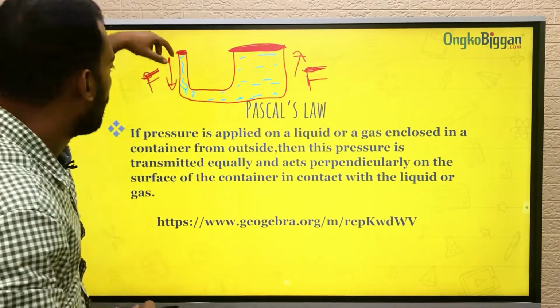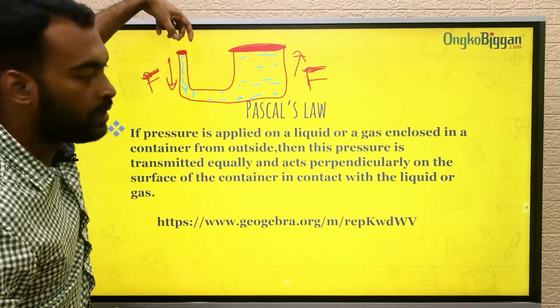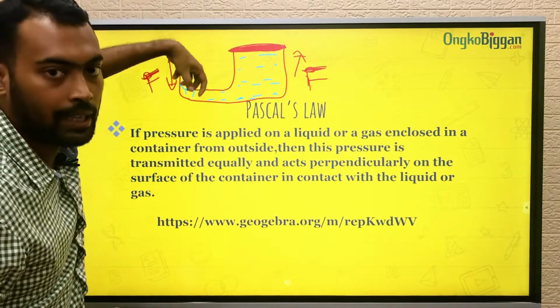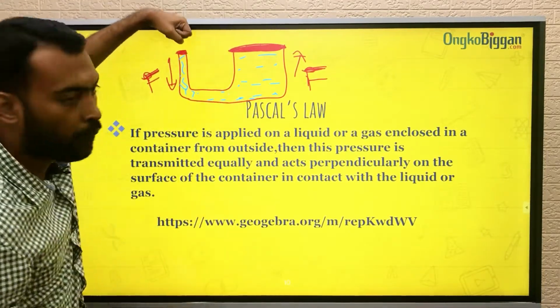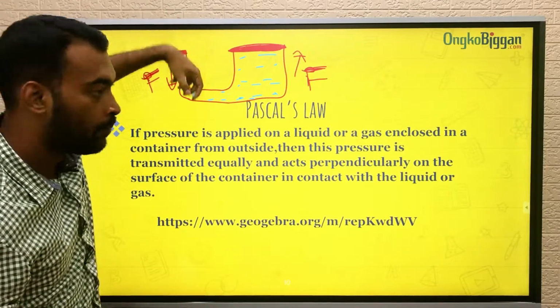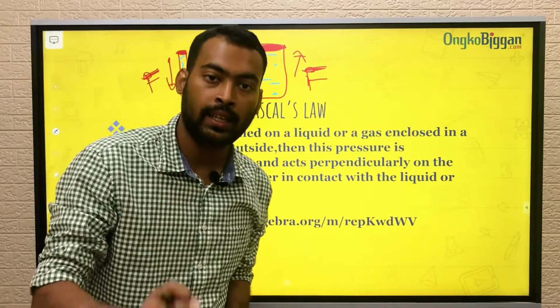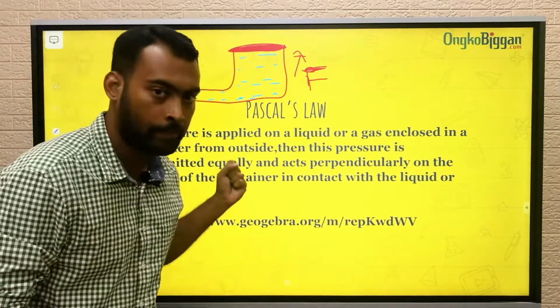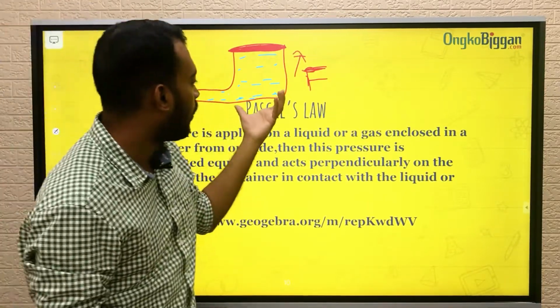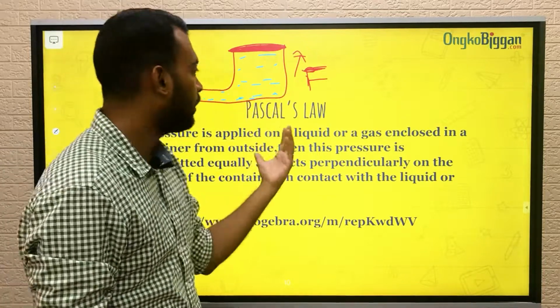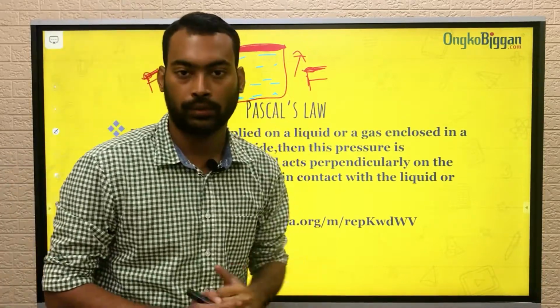When you're applying force within this surface area, a pressure is automatically working on this side. And due to the force that you have applied on this side of the container, there also acts a force on the other side.